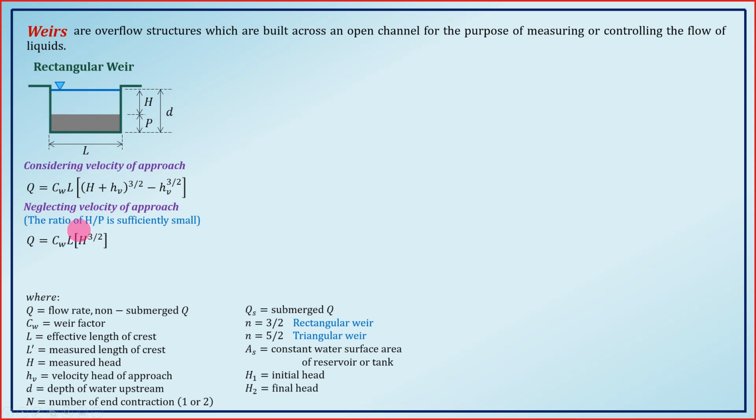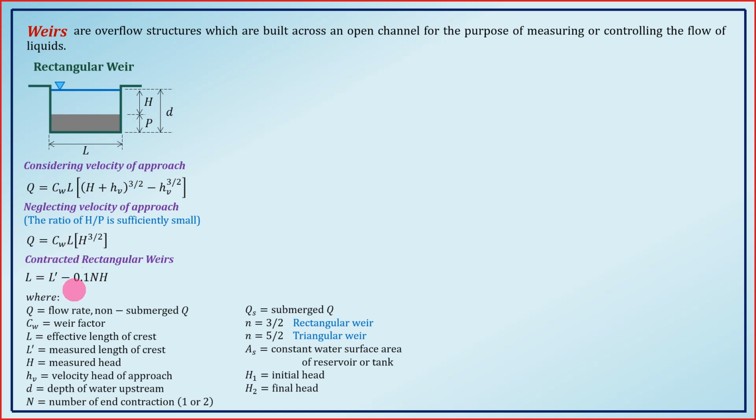Ayan. So, yung L dito, nagva-vary yan if we have suppressed or we have a contracted weir. So, we have to solve for the effective length L kapag contracted weir. So, ito yung equation natin for that. We have L prime minus 0.1 NH kapag contracted yung weir sa mga problems.